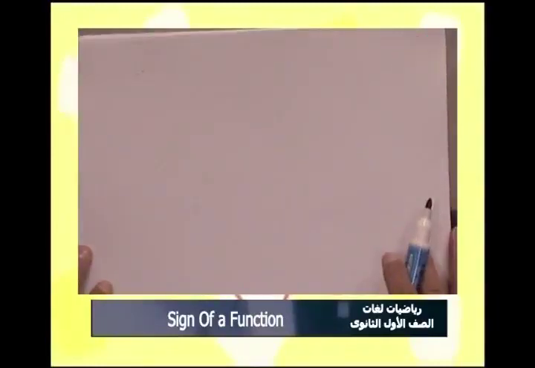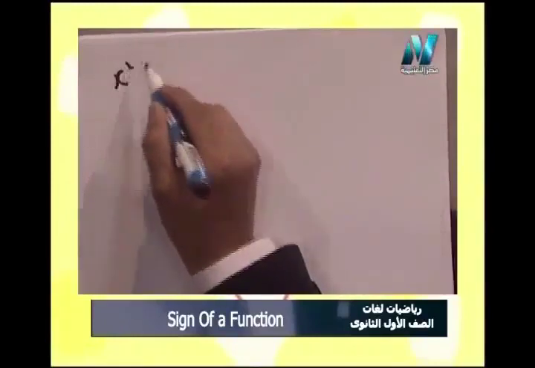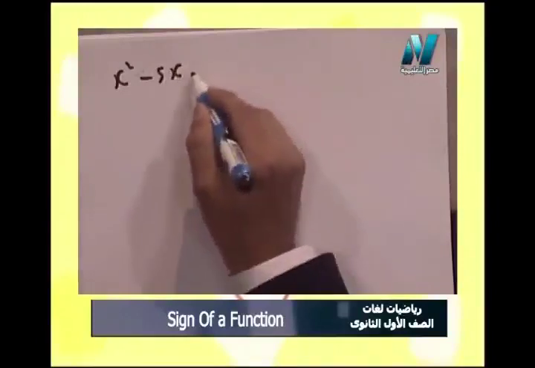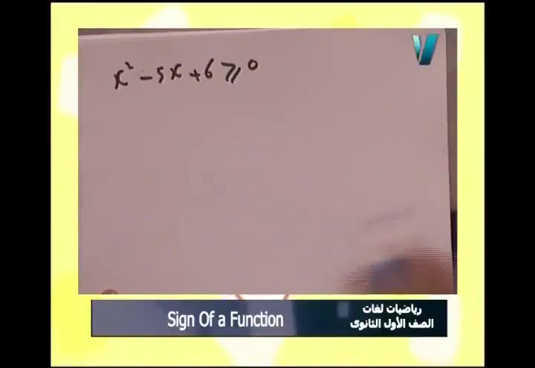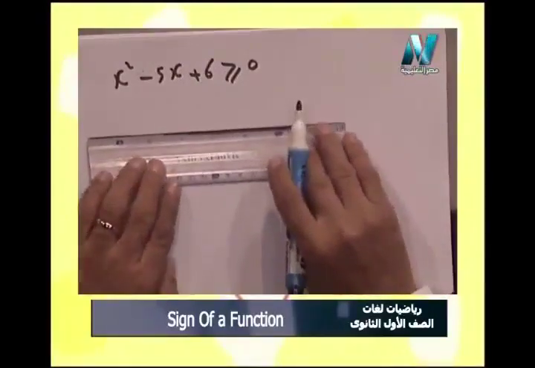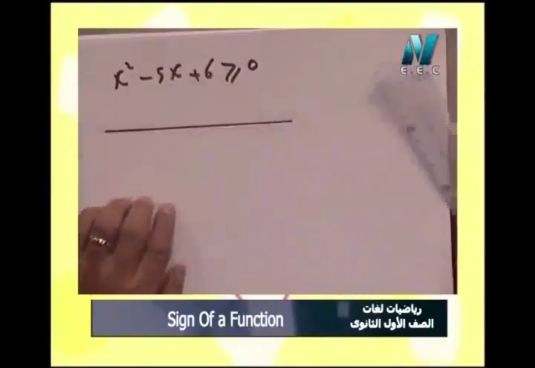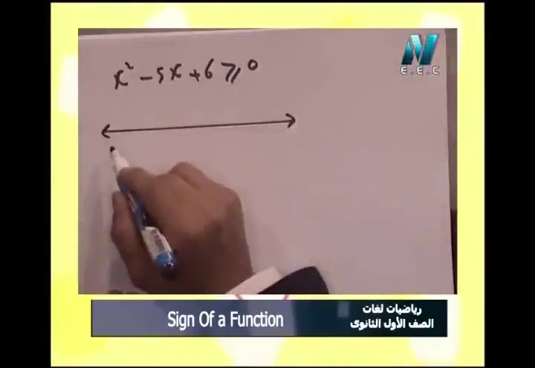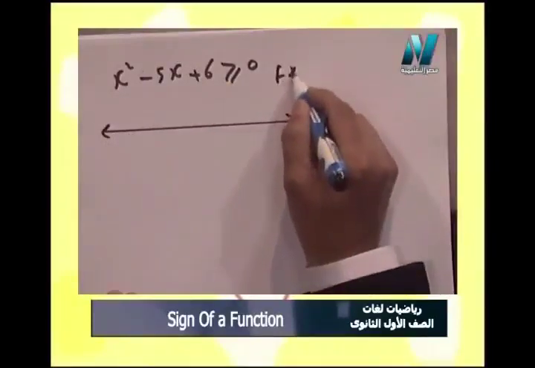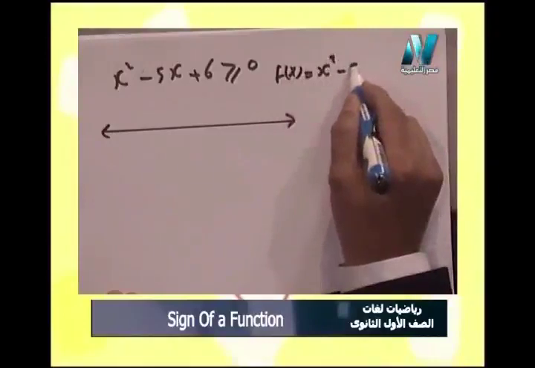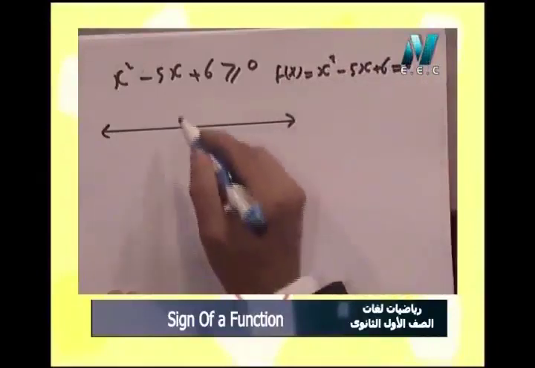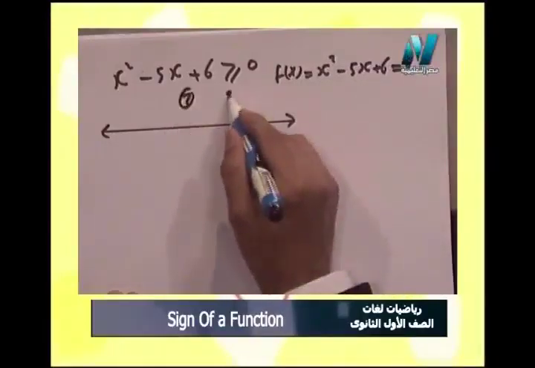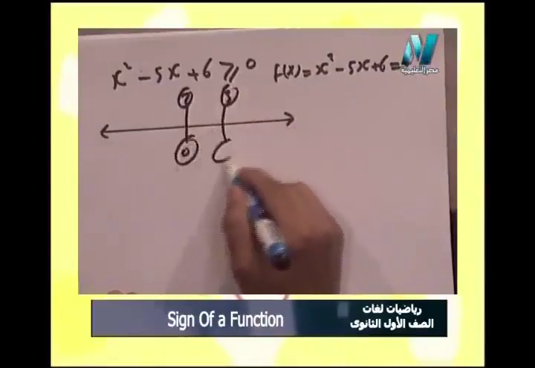And we would like also to write the same question for x power 2 minus 5x plus 6, but now greater than or equal to 0. We know that this function has two roots. If we write it as a function here, x power 2 minus 5x plus 6, and you put it equal to 0, its solution will be 2 and 3 here, as we said before.